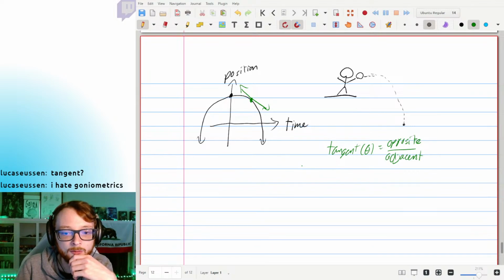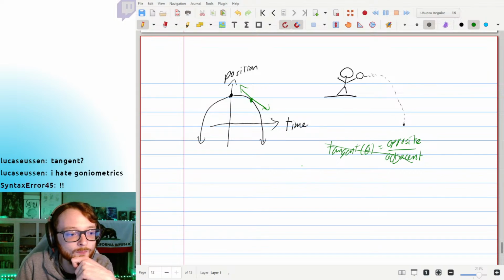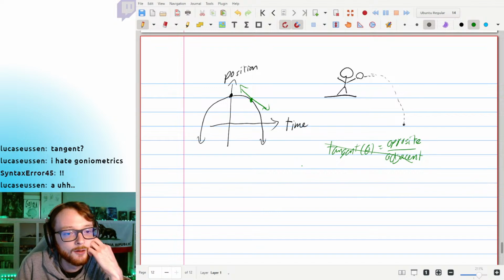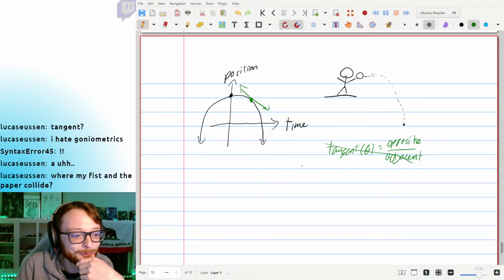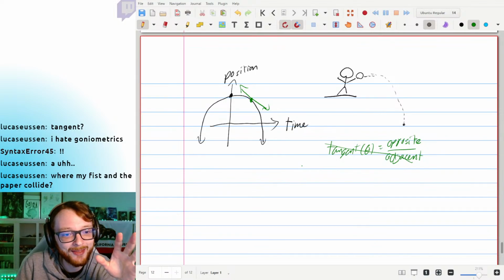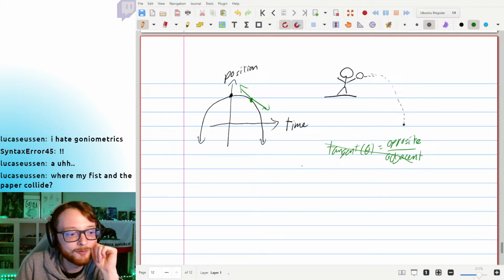I'm not talking about trig. But yeah, the slope of this line is the same thing as the velocity of the ball.